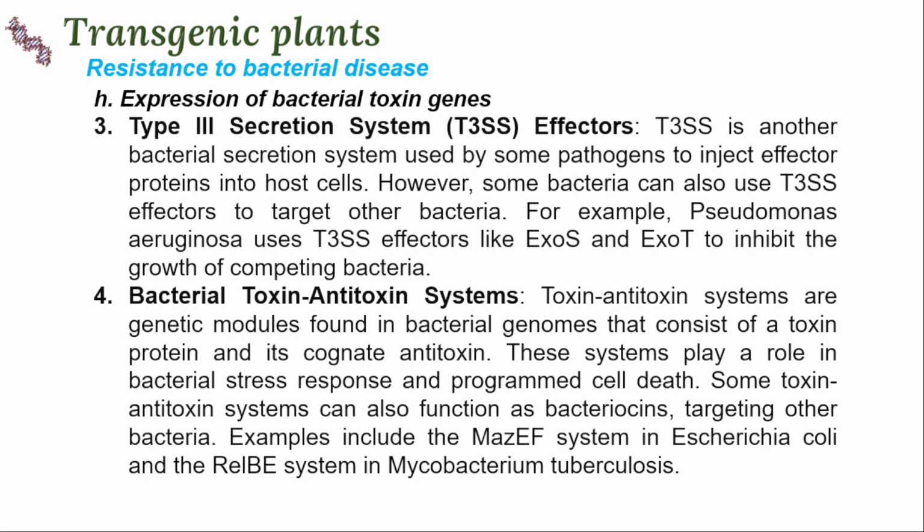In Pseudomonas, you can observe these proteins, which mainly inhibit the growth of other competing bacteria that grow in culture medium. And one more chemical, called antitoxins, is produced by bacteria, especially some E. coli, that produce these types of chemicals that prevent the propagation of Mycobacterium tuberculosis.